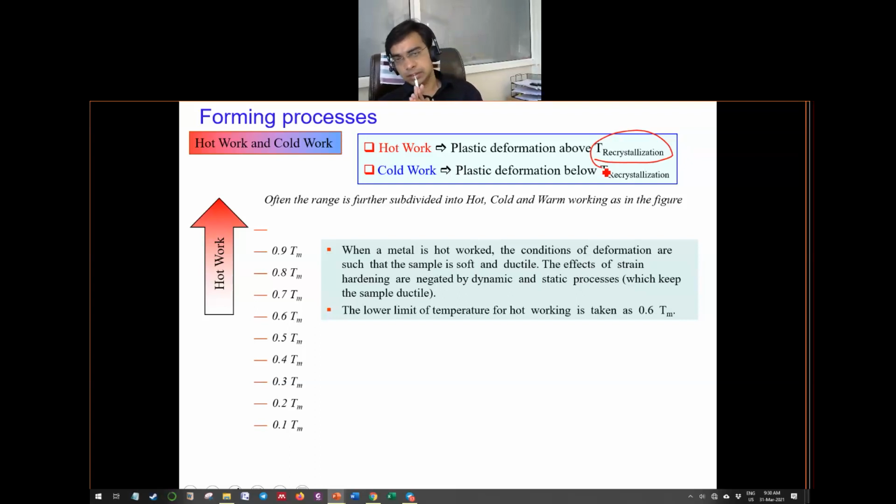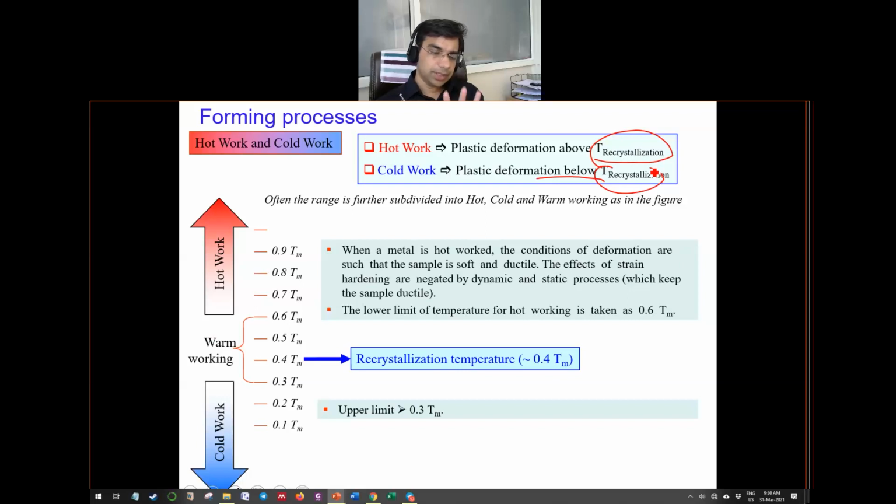If the processing is done above the recrystallization temperature, it becomes hot working. If the processing is done below the recrystallization temperature, then it becomes cold working. So we will try to understand today what this recrystallization temperature is.